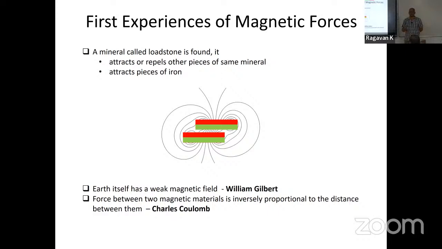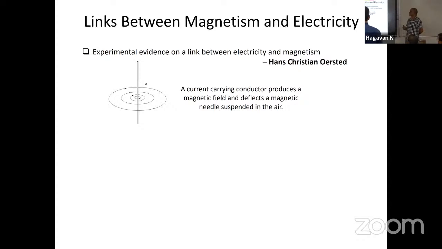Then Charles Coulomb established that the force between two magnetic charges is inversely proportional to the square of the distance, the inverse square law. This is a simple history I'm taking you through. Then Oersted established that if you put a magnetic needle around a current carrying conductor, it gets deflected. So he established that the magnetic field circulates, with the help of a needle compass.